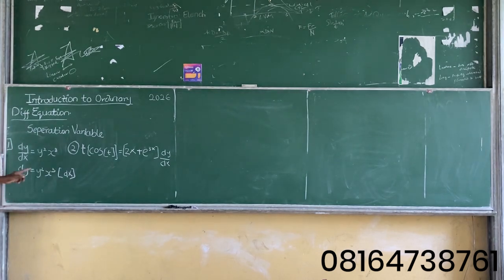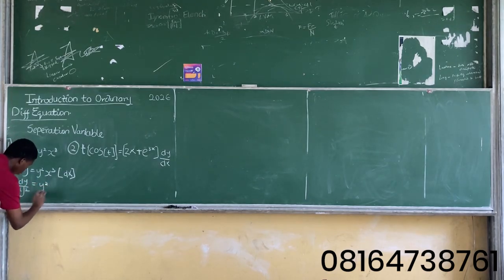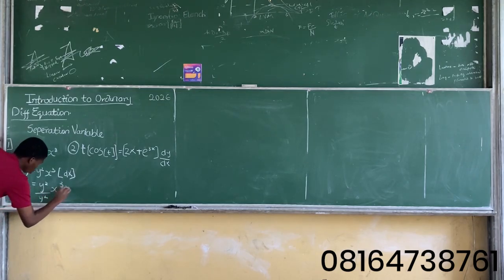So now we are going to be dividing all through by y squared. So dy divided by y squared is equal to x cubed dx divided by y squared, which cancels.